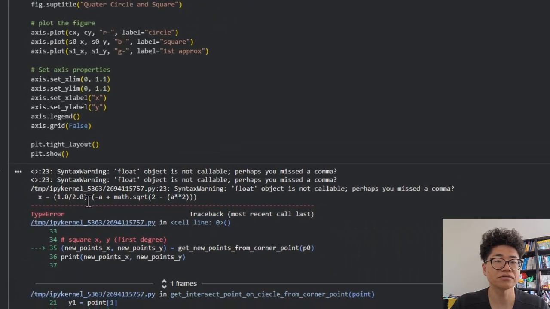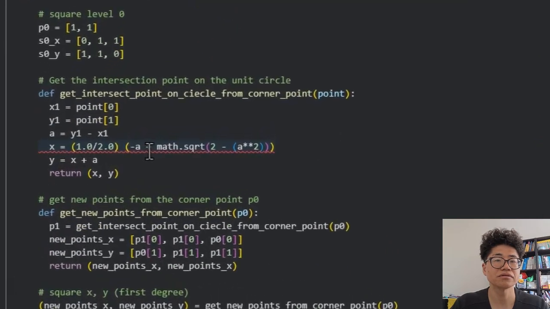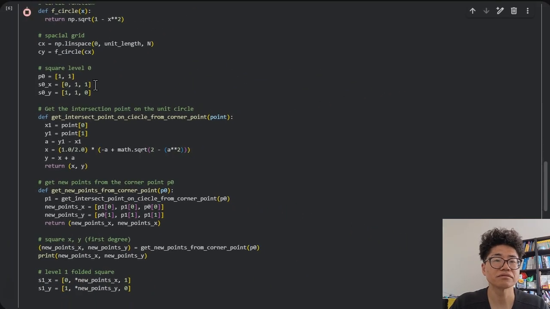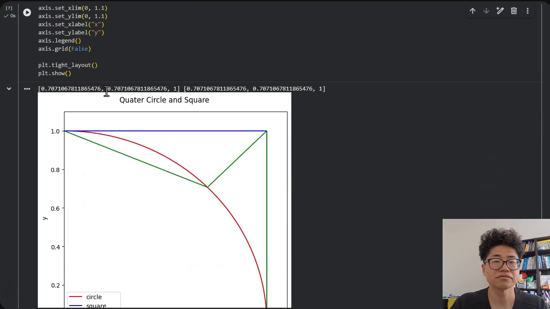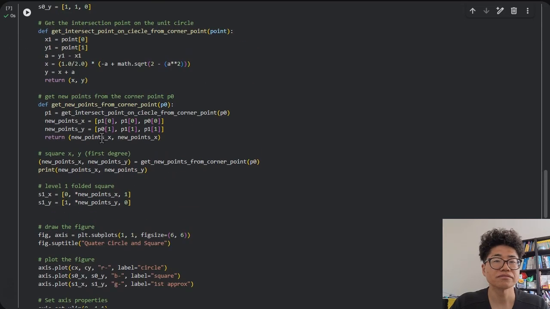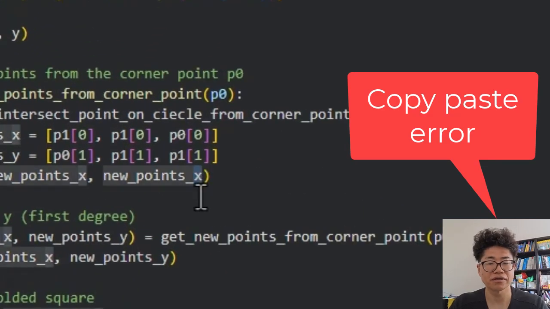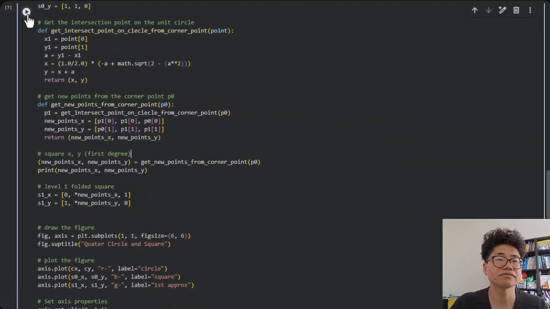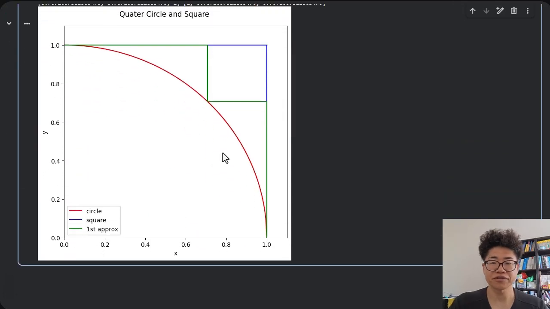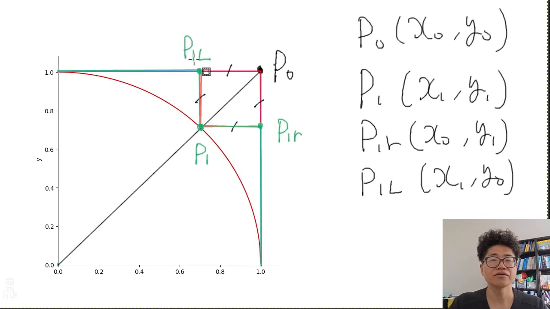Missing comma. What? I think intersection point is correct. Yeah, square root 2 over 2. Yes, this is first approximation. So I folded the square here.